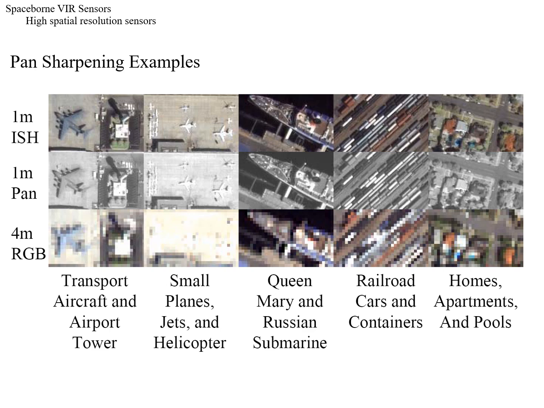So on the bottom you can see a 4-meter RGB image of various different kinds of industrial situations, and I guess some homes as well. And then right above it, the 1-meter panchromatic image, where you've used that higher spatial resolution image to sharpen it up. You're not really getting what it appears to be.